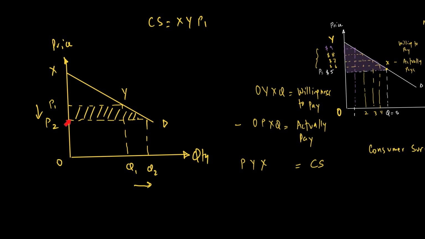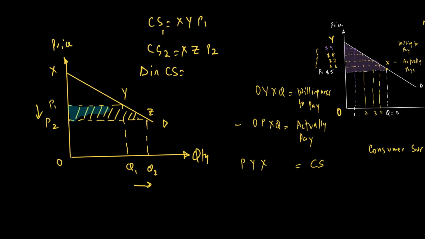Suddenly price goes down to P2. Now the consumer surplus will be, let's call this consumer surplus 1. Consumer surplus 2 will be now X, let's call this Z, Z, P2, which means my change in consumer surplus or rise in consumer surplus will be this trapezium.